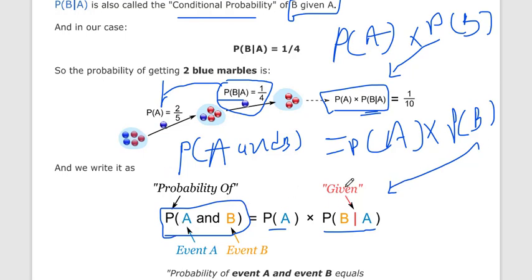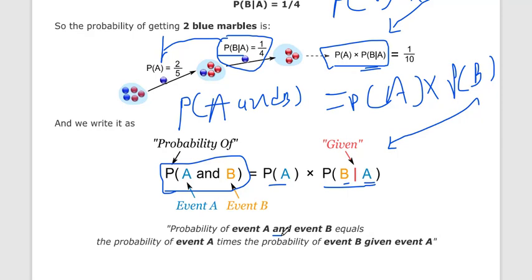It's the same formula as for independent events; we just multiply the outcomes of two events, but we write that the second event B is dependent on the first event. Got it? The probability of events A and B equals the probability of event A times the probability of event B given event A. This is the notation we write for conditional probability.